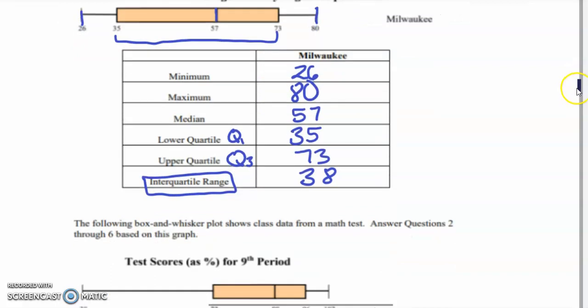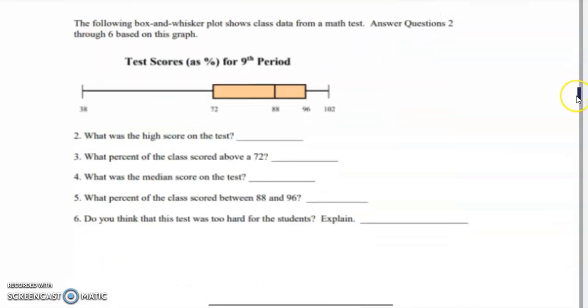Okay, so what's next? Well, for the next set of questions here, the following box and whisker plot shows class data from a math test. Answer questions 2 through 6 based on the graph. Okay, so here we're starting to look at this graph and figure out what it's saying.